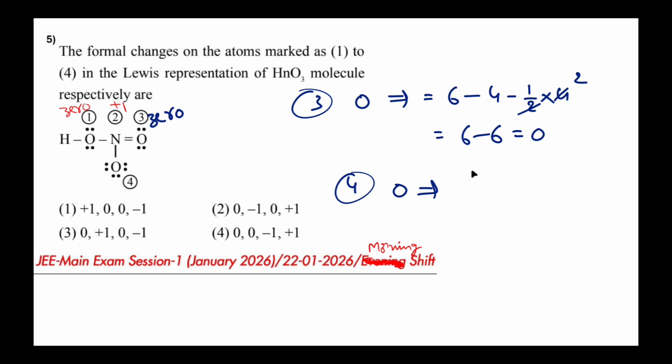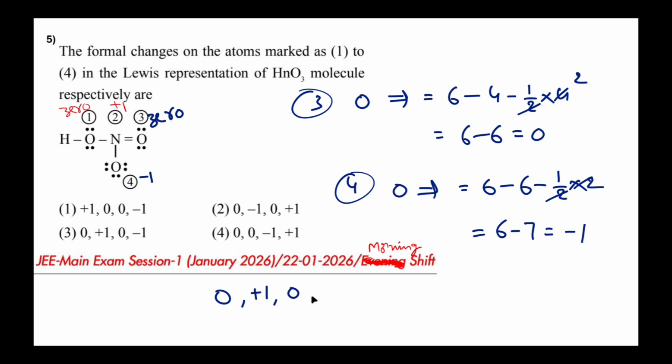Here the valence electrons are 6, minus non-bonding electrons 6, minus 1/2 into bonding electrons 2, which is 1. So 6 minus 7 is minus 1. So the formal charges of atoms 1, 2, 3, 4 are 0, plus 1, 0, minus 1. So the correct option is the third option.